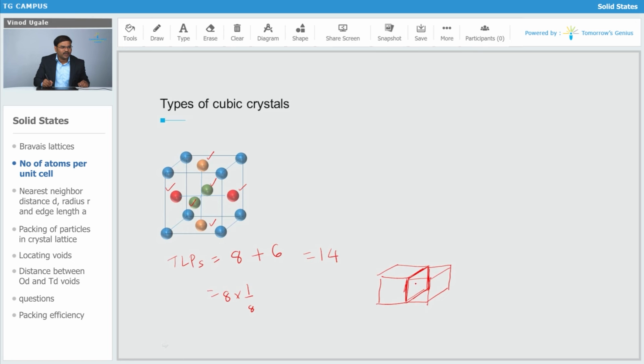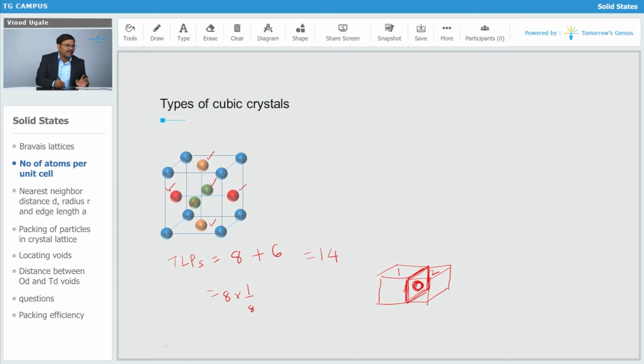If I want to draw a particle on the face over here, it will get cut by this plane. So one particle on a face is shared by 2 unit cells, correct.